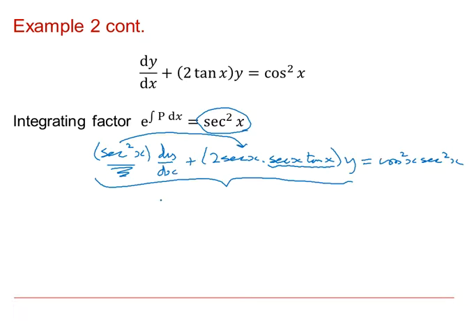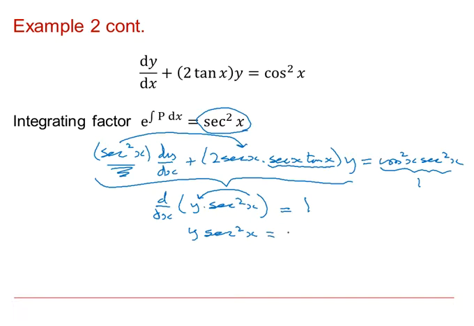So the left hand side can now be written as the derivative with respect to x of y sec squared x. Try not to put the y after a trig function like sec squared x, try and put the y in front of it, it's easier to read, much clearer, equals, and notice the right hand side before we integrate is simply 1. Sec squared is 1 over cos squared, so we've got 1. So now if we integrate both sides with respect to x, the left hand side becomes y sec squared x.